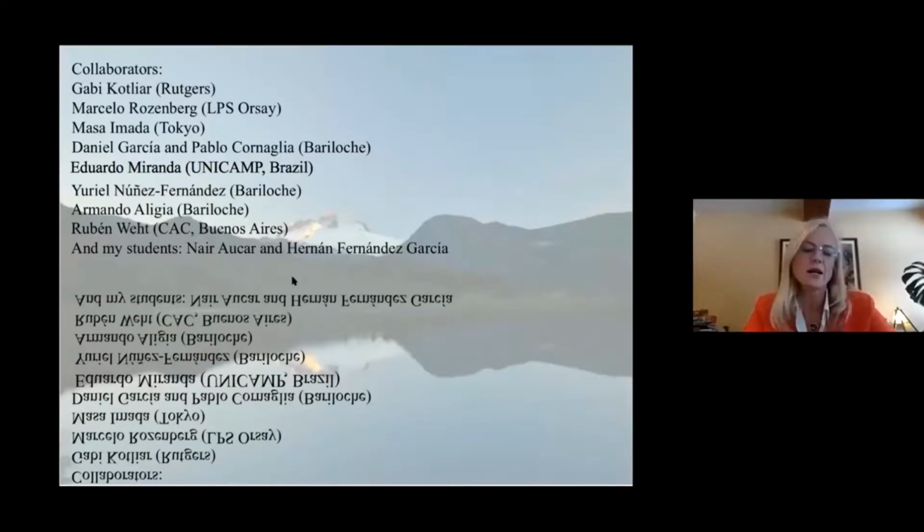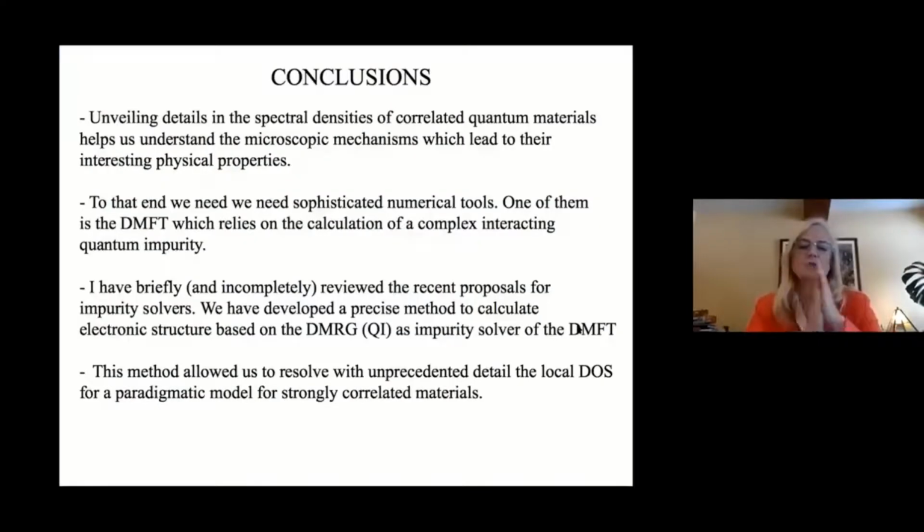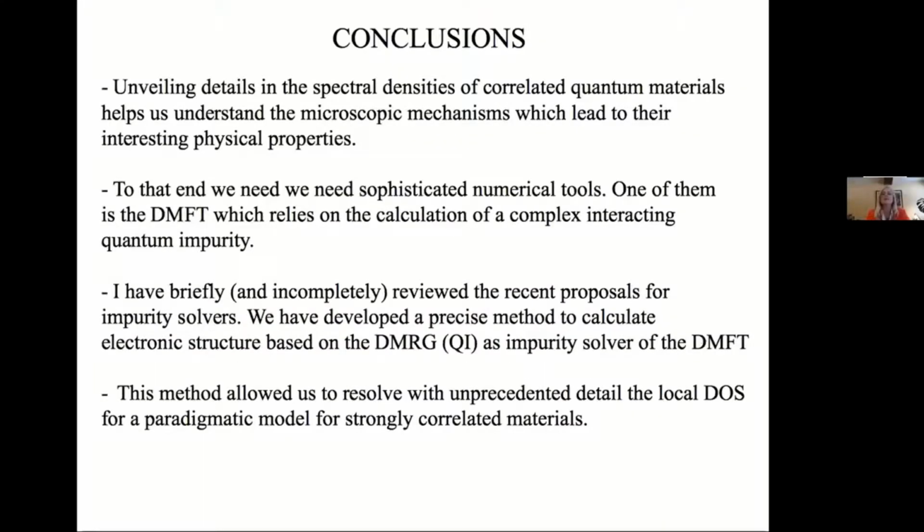To conclude, I would like to stress that unveiling details in the spectral densities of correlated systems helps us to understand the macroscopic mechanisms which lead to their interesting physical properties. This is our aim. To that end, we need sophisticated numerical tools. One of them is the DMFT, the Dynamical Mean Field Theory, which relies heavily on the calculation of complex interacting quantum impurities.